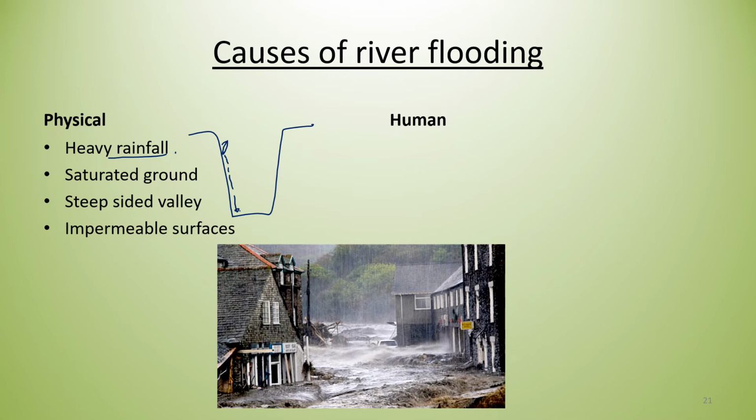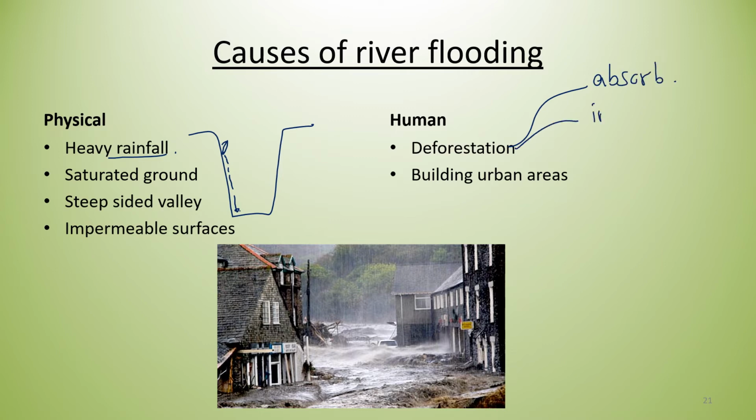And impermeable surfaces. Rocks can be naturally impermeable, meaning they will not absorb water and it will sit on the surface and flood. Our two human causes are deforestation, because if we chop down trees, trees do two things. They absorb water, but they also intercept rainfall.